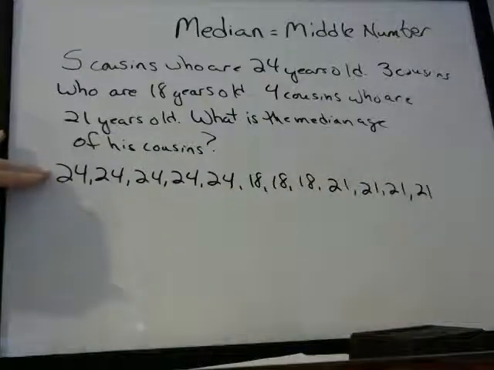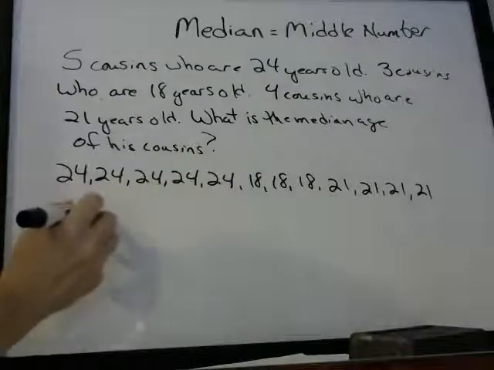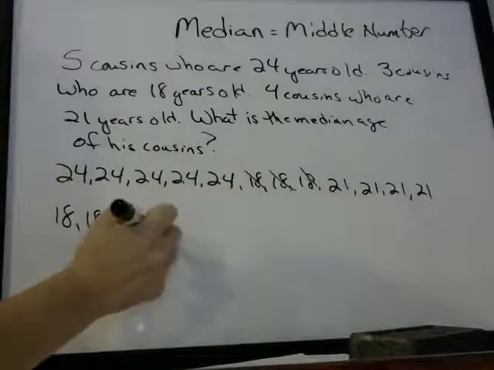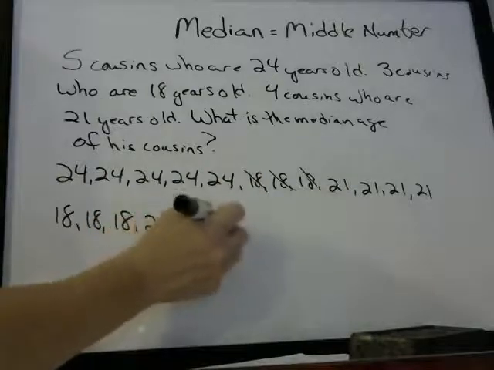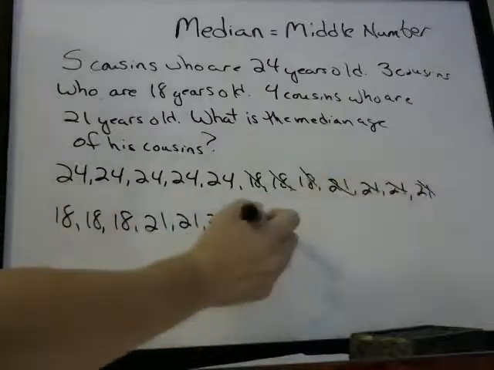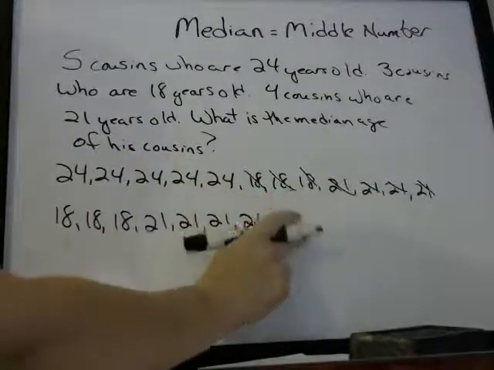So now we need to write it in ascending order, just like we did last time. Always, always, always write it in ascending order. So we have 18, 18, 18, 21, 21, 21, 21, and then 24 5 times.